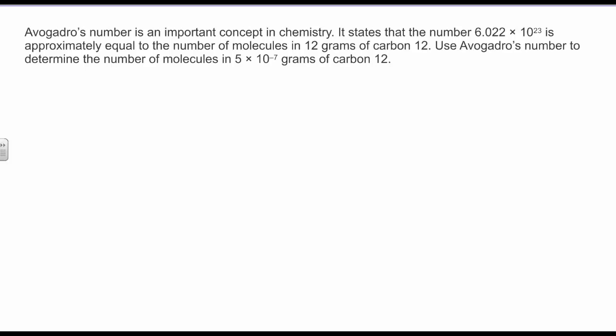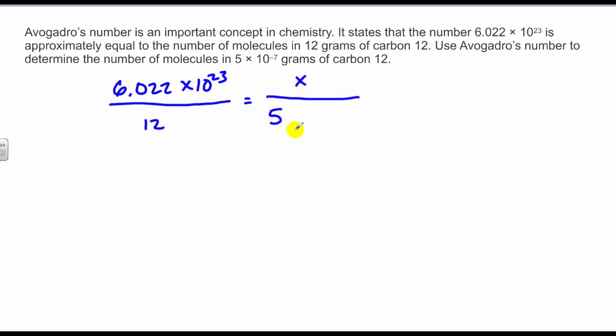Well, I can do a proportion in this. I can say 6.02 times 10 to the 23rd is to 12 as how many molecules is to 5 times 10 to the negative 7.